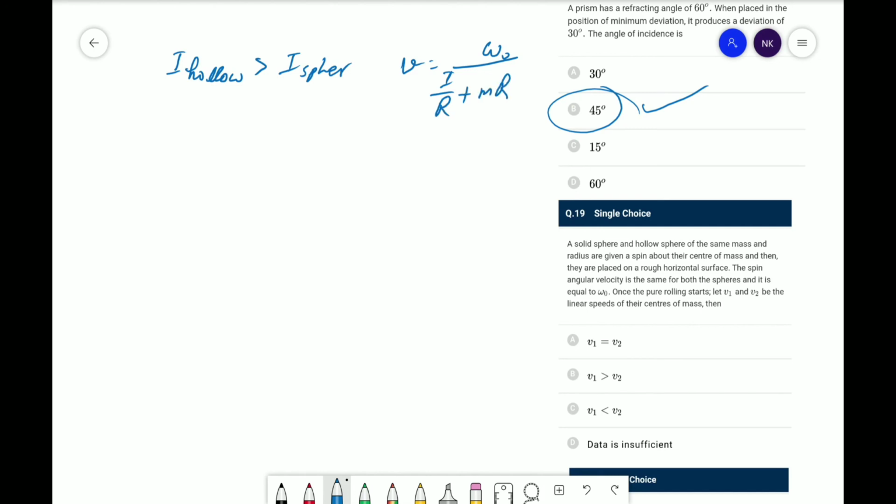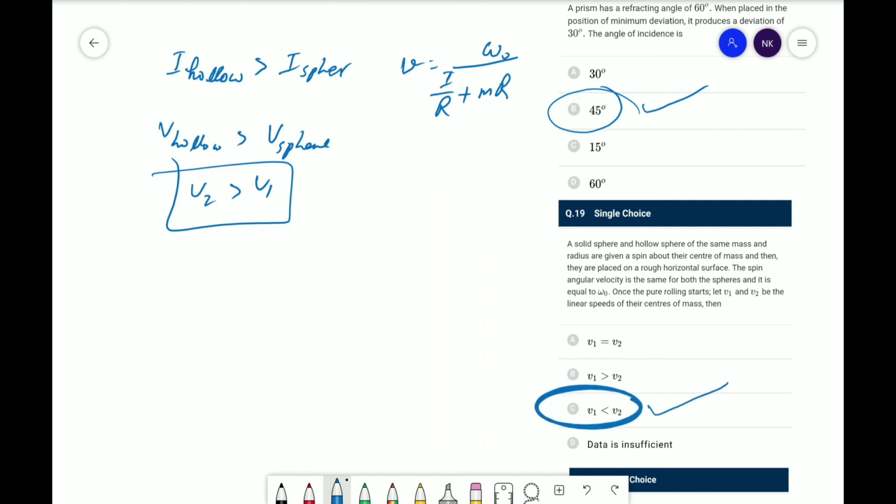So here you can say that v hollow is greater than v sphere. Therefore v2 is greater than v1. Is there any option that is correct? v2 is greater than v1. C option is correct.